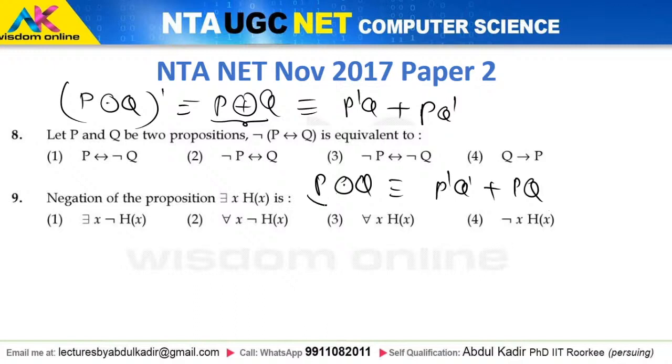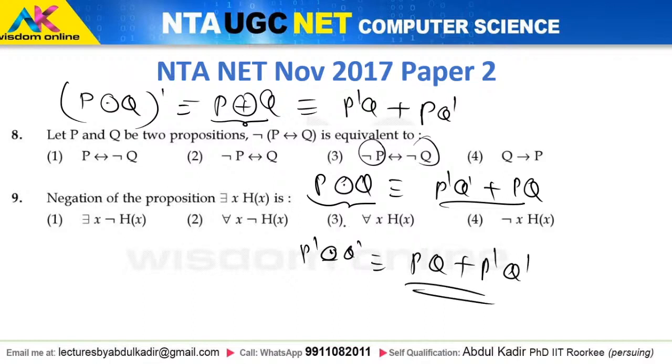So if you complement both of them, you will again get the same thing. I am saying that basically this P XNOR Q is the same as P dash XNOR Q dash.